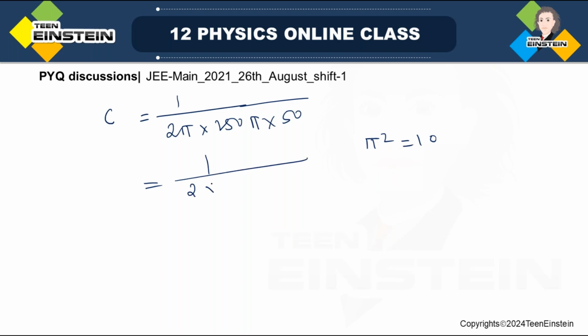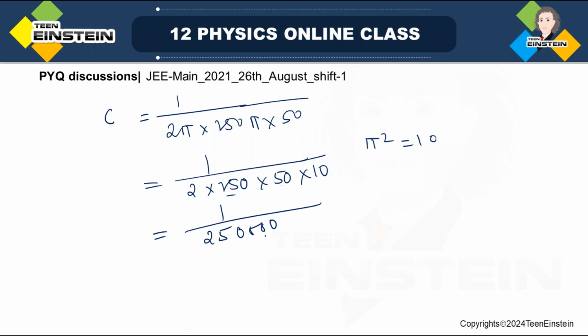So 2, 250 and 50, here pi square means 10, right? So I'll get 50, see 100 here. Okay, so here it will be 100, 250, this is 100, so the another 2 and here another 1.